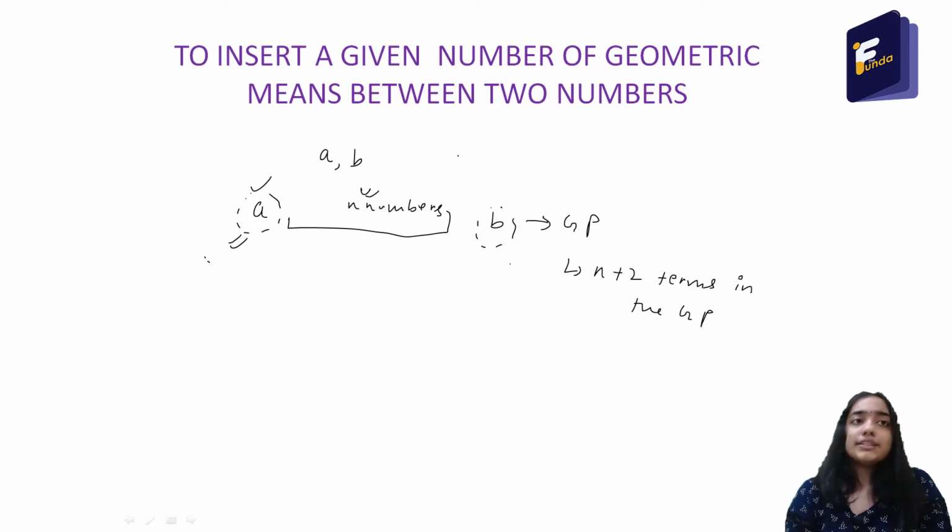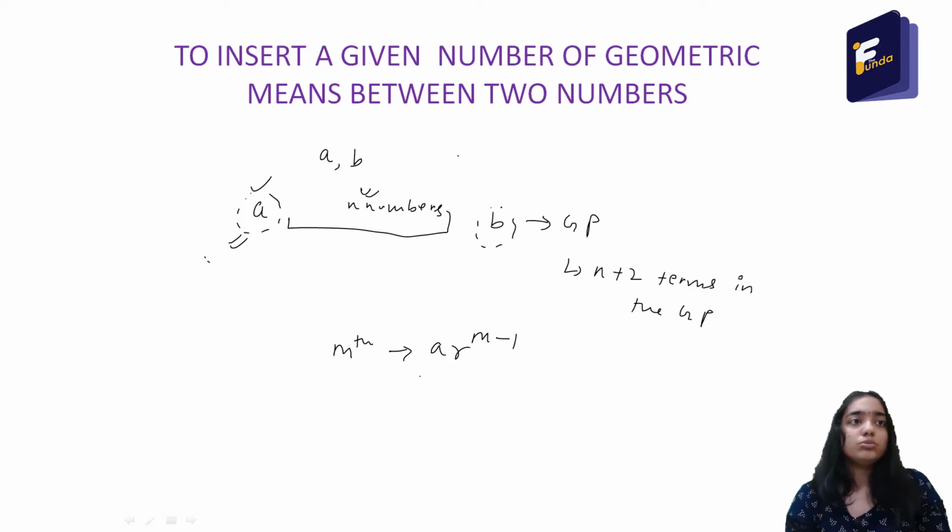As we have learnt already, the nth term of the GP is A r to the power n minus 1. But let's not use the letter n because you will be confused, so let's say the mth term of the GP is A r to the power m minus 1.